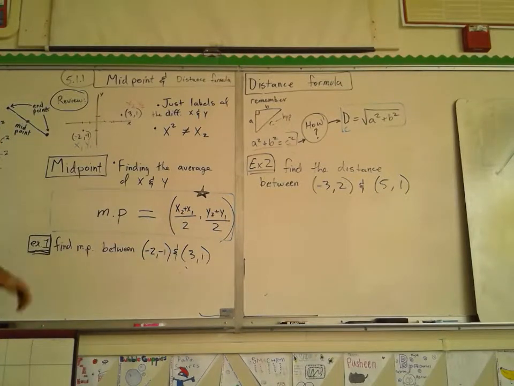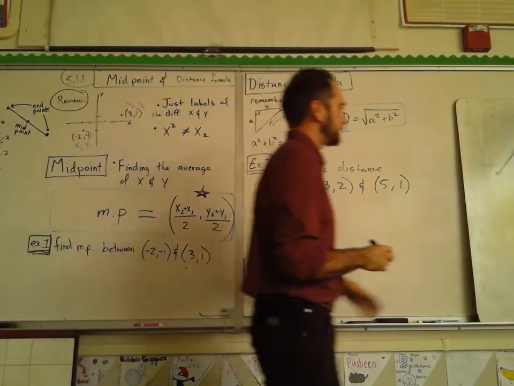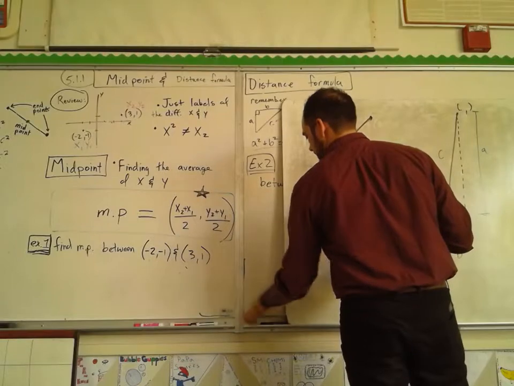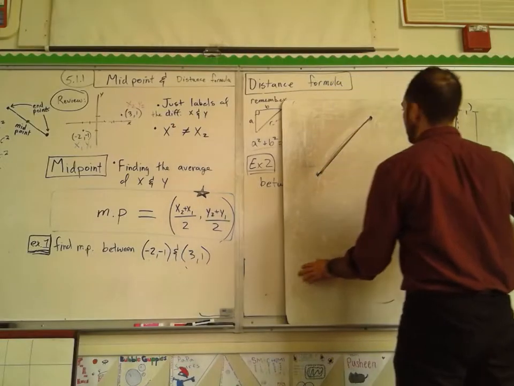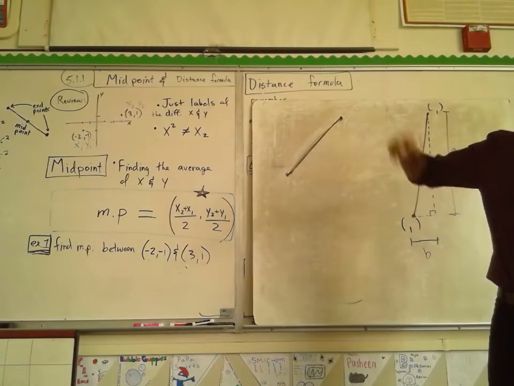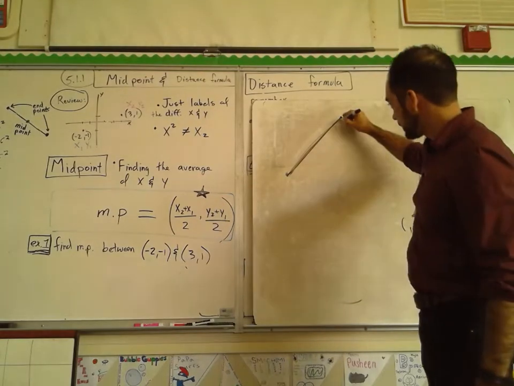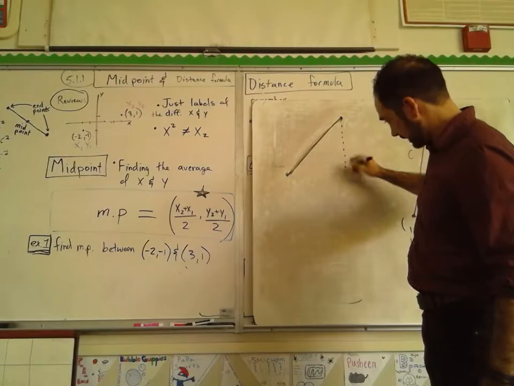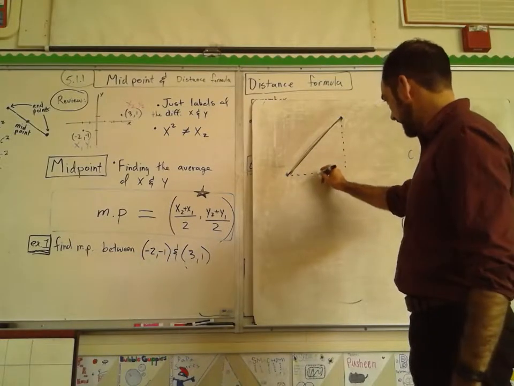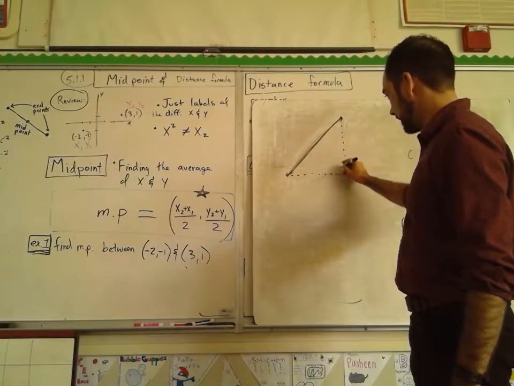You can think about it. A lot of what we're doing today is looking at a line segment and saying, well, any line segment on your Cartesian coordinate grid you can make into a triangle. You could drop it along the vertical and make a dashed line along the horizontal.